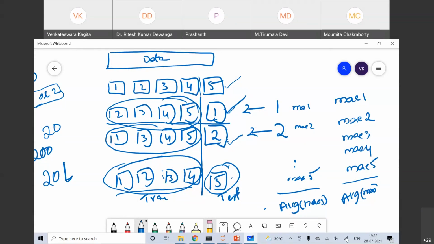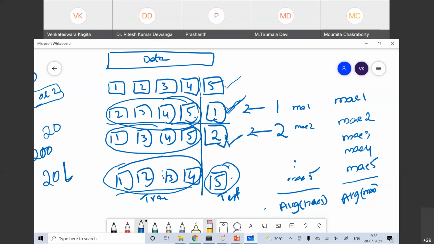For example, if I take 5-fold cross validation, I divide the data into 5 folds. At the first iteration, at the first run, I take the first fold as the test and the remaining folds as the training. At run 2, I take the second fold as the test and the remaining folds as the training, and so on. I repeat it 5 times and cover all the instances in the test set.